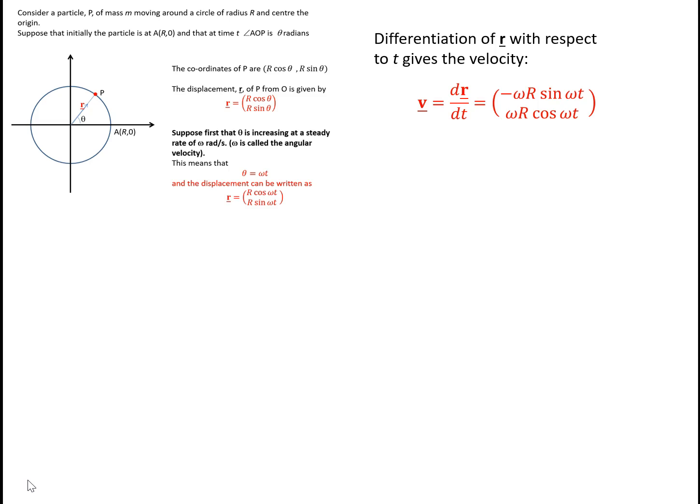Similarly, the y component of the displacement is the radius times sin omega t. We know the radius is constant, and that the derivative of sin omega t is omega cos omega t, so the y component of the velocity must be omega r cos omega t.